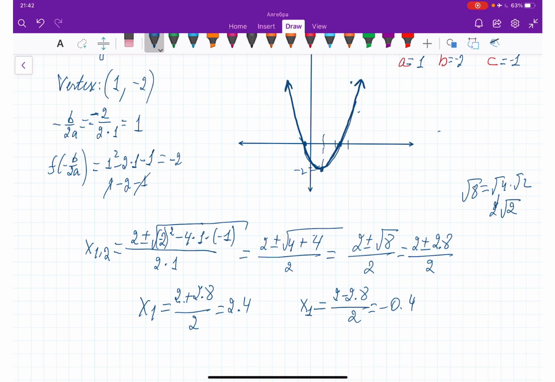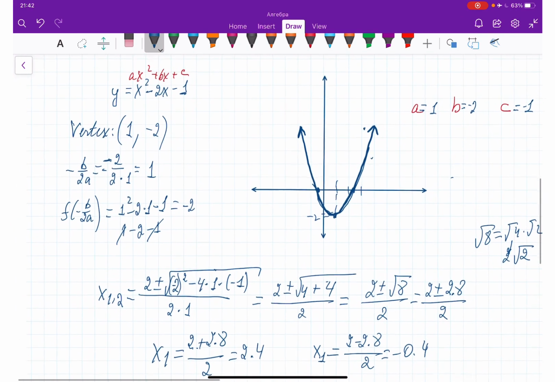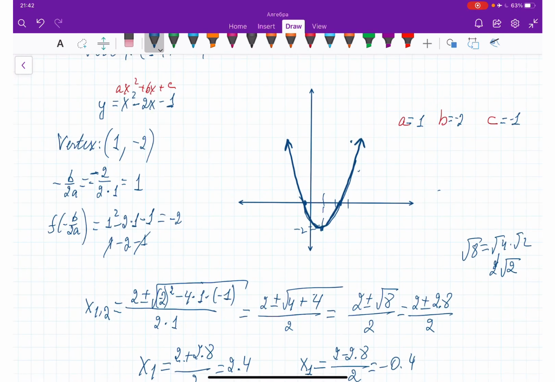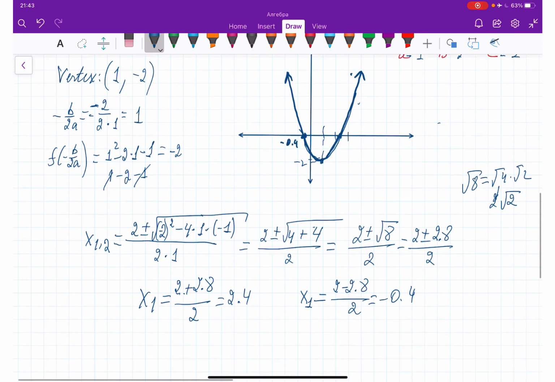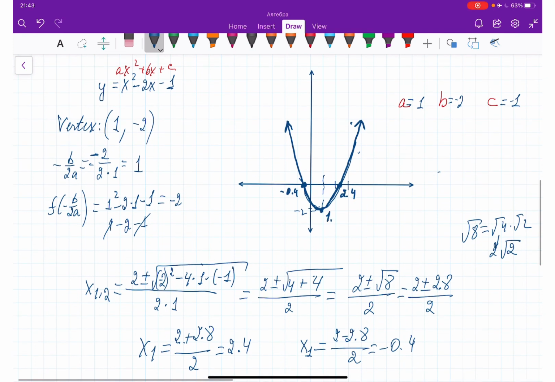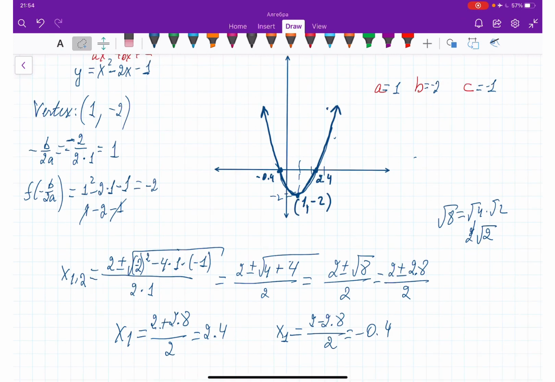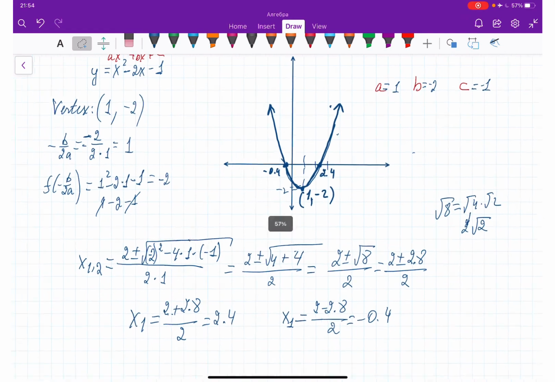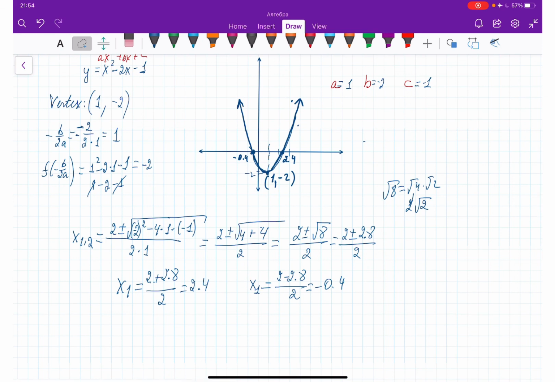All right, we got it. And it's opening up because a is positive. So negative 0.4, this is the 2.4 intercept, right? And this is our vertex, 1 and negative 2. Okay, I'm done. Thank you very much for watching, and I'll see you in the next video.